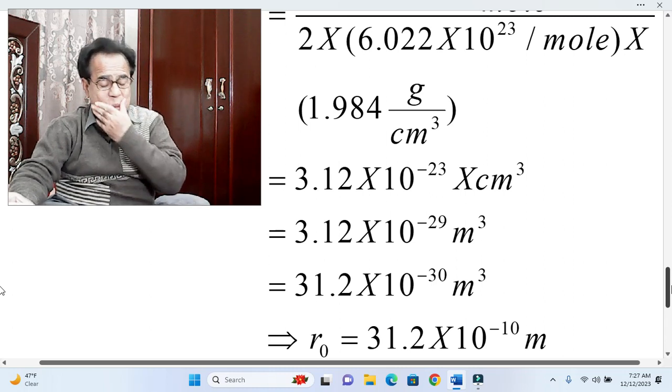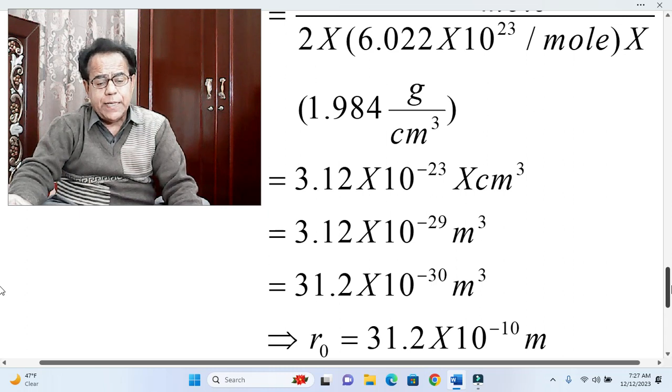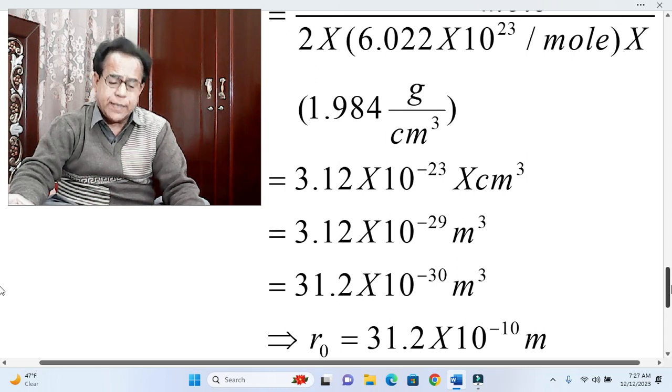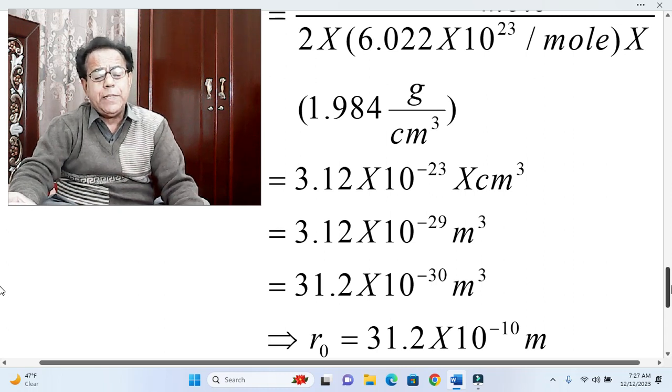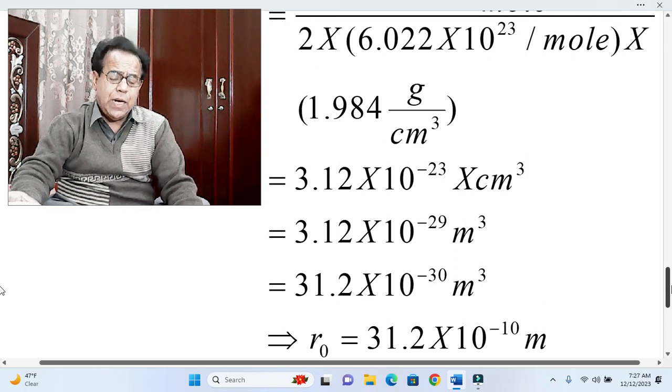So when we convert centimeter into meter, we have to multiply with 1/100, or in other words, we have to divide it by 100. But here centimeter is in cube, so 100 will also be multiplied 3 times.